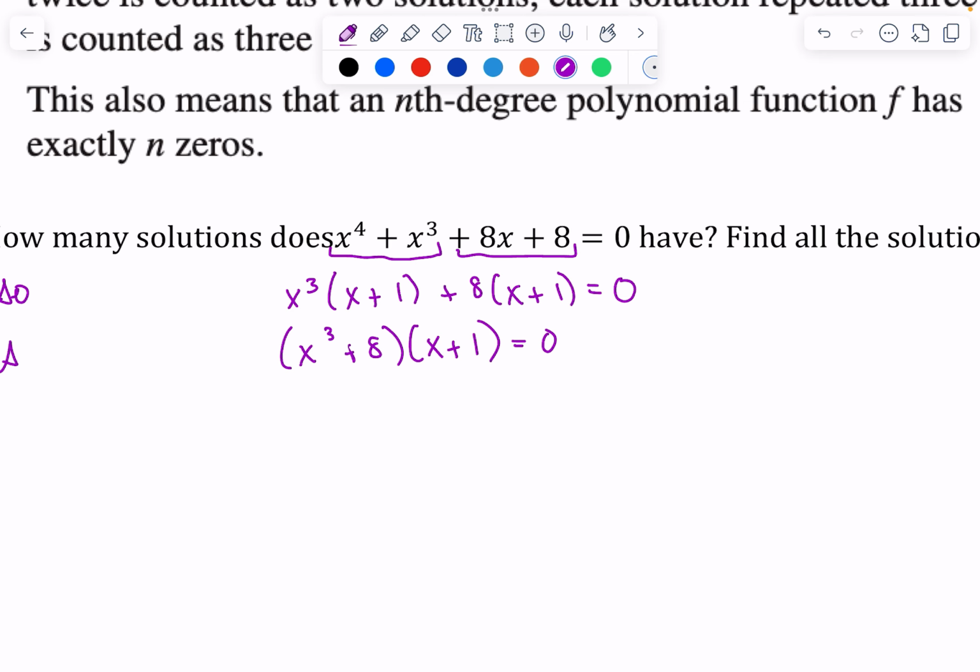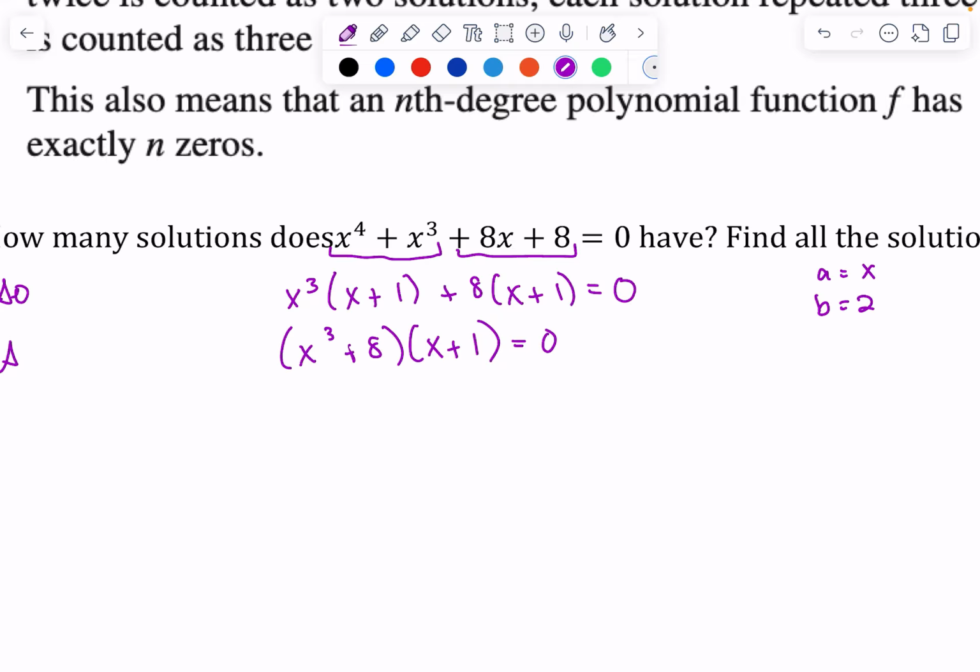Now, I know that this part can't be factored further, but if you look here, that's the difference of cubes, so that can be factored further. If you remember, when we factor cubes, you want to identify your a and your b value. So in this case, my a value is x, and my b value is 2.